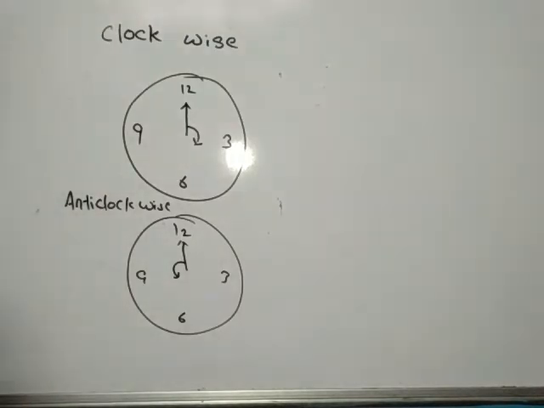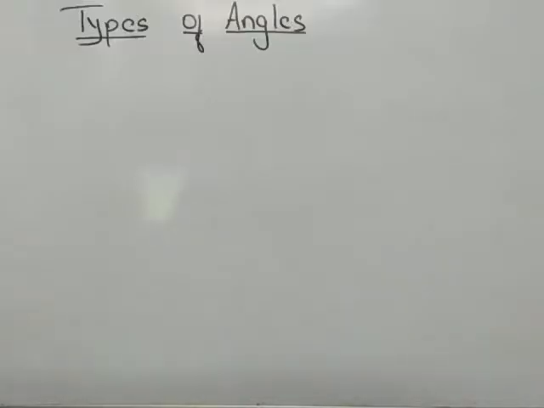Next we will study the types of angles. Let's recall what we learned in the previous video: what a line segment is, and the unit to measure a line segment, that is length. We also learned three methods of comparing line segments: comparison by observation, comparison by tracing, and comparison using a ruler and a divider.